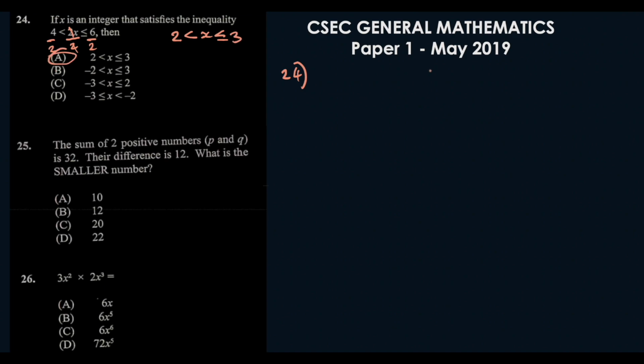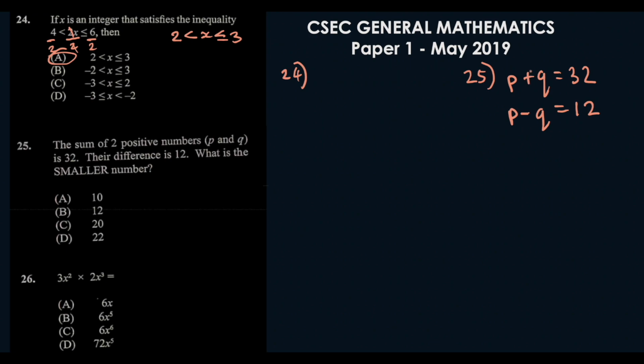So the sum for number 25 of two positive numbers p and q is 32. So p plus q is equal to 32. It says their difference is 12. So in other words, p minus q is equal to 12. What is the smaller number? Now, looking at this, I see I have a q here and a minus q here.